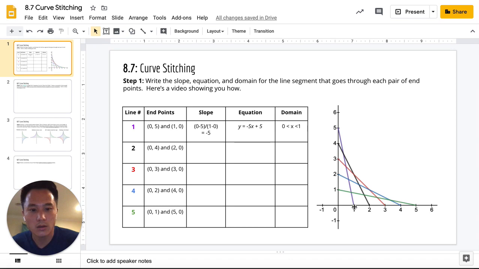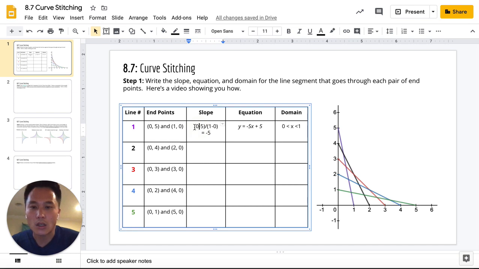the point 1, 0. To find the slope, it's change in y over change in x. So y2 is 0, y1 is 5, so that's why I have 0 minus 5 as the numerator.